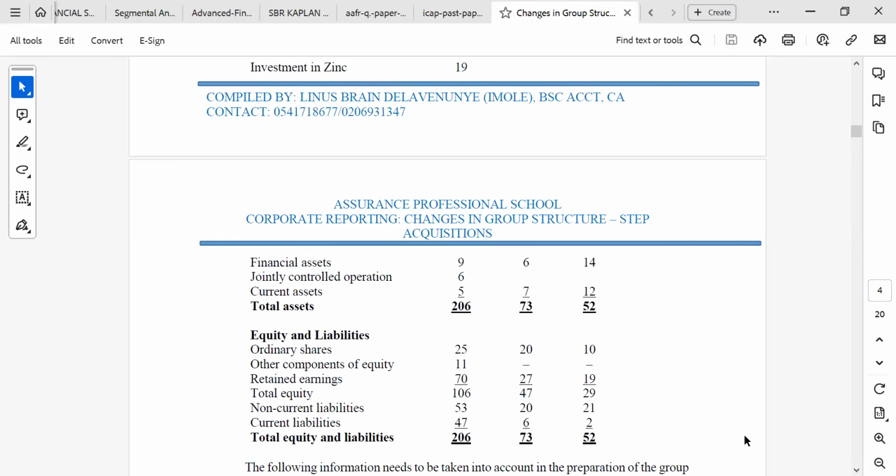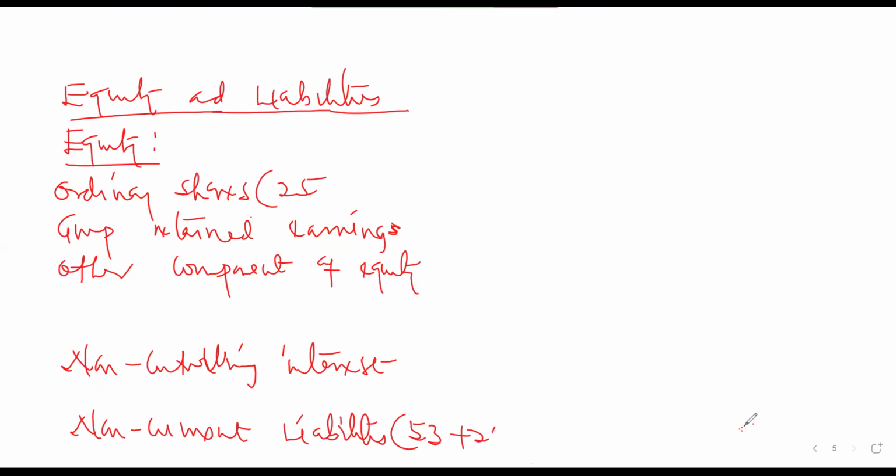Okay, 53 plus 20. Now we count to current liabilities. What is the figure for them? 47 and 6. 47 and 6.